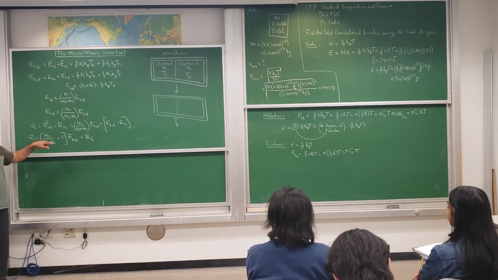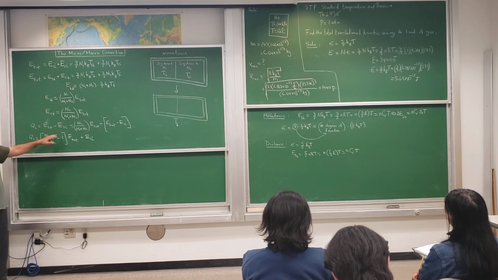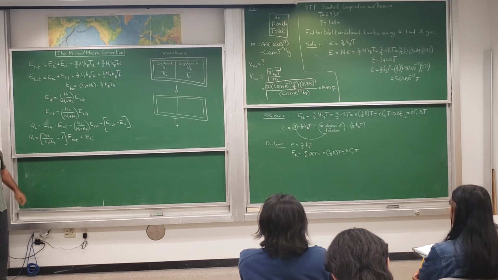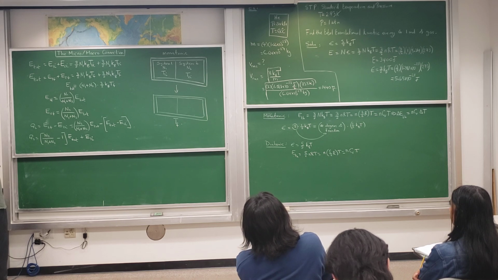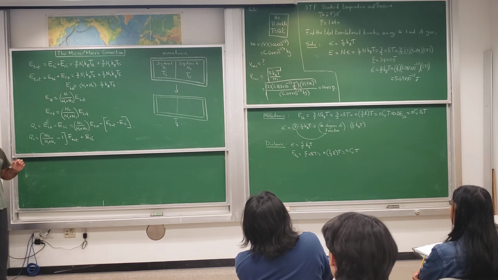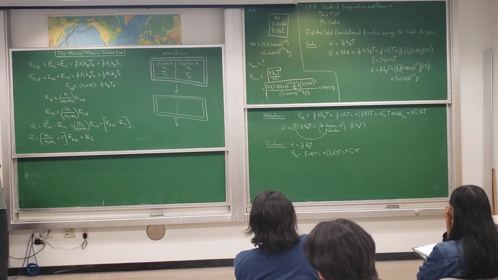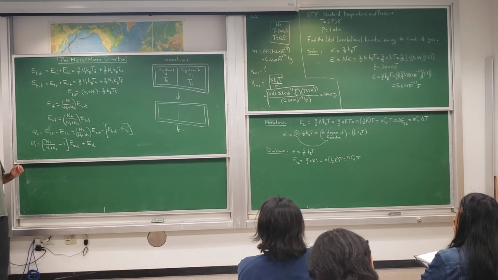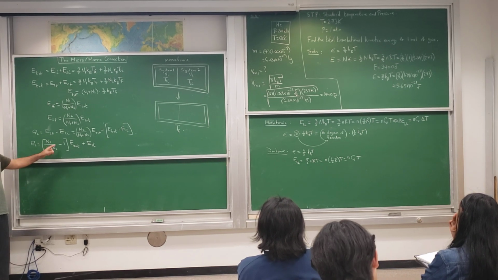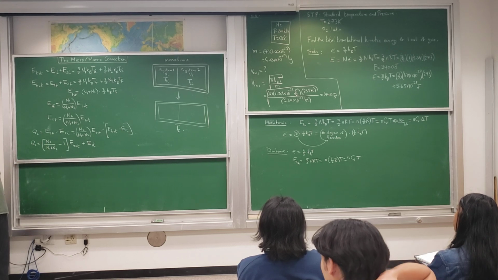Okay, so let's simplify this. What does this simplify to after you do a common denominator? N2 minus N1 minus N2. I just want to simplify this fraction.